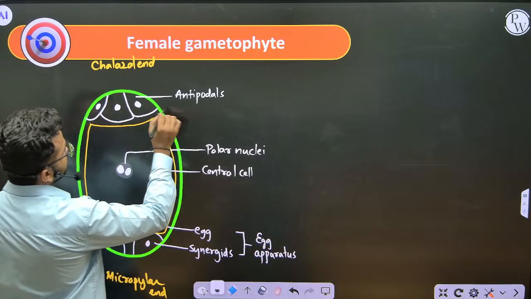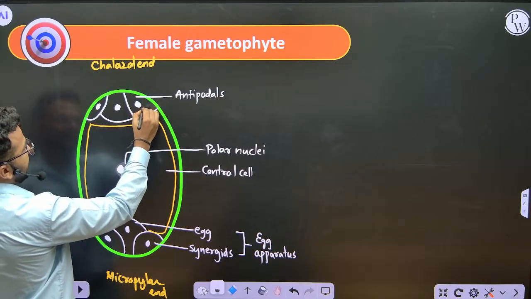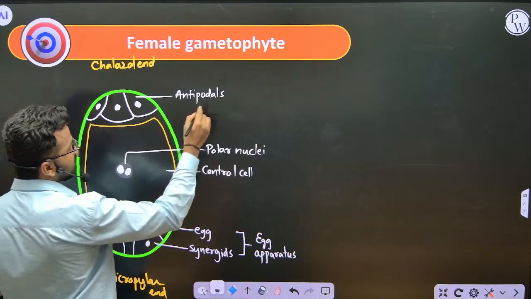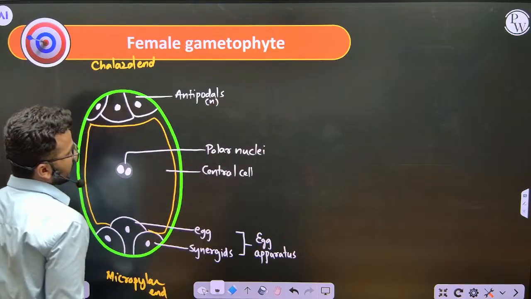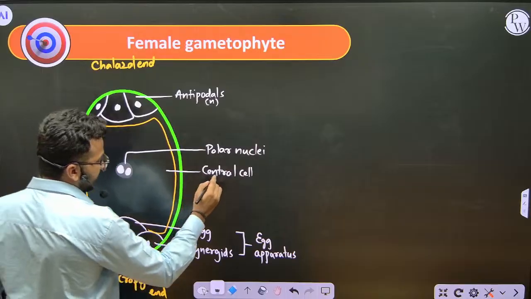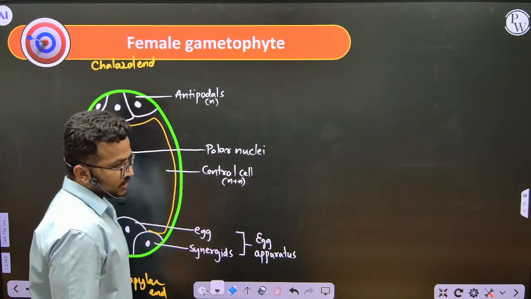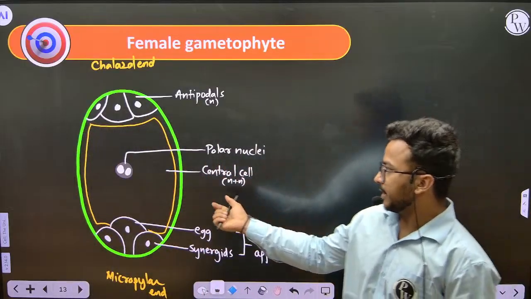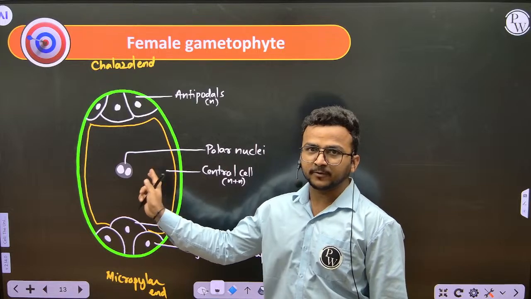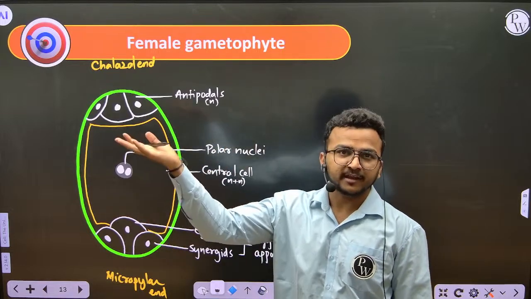As for ploidy, the antipodal cells all have N, N, N. The ploidy of the central cell is N plus N. We cannot say it is diploid; it is haploid and haploid. The 2 nuclei are not fused but are together, and fusion will take place later.